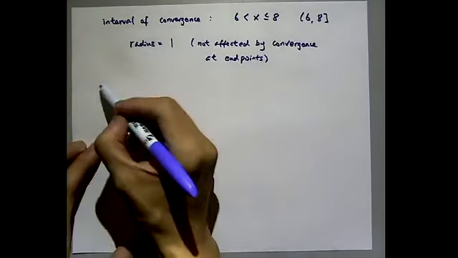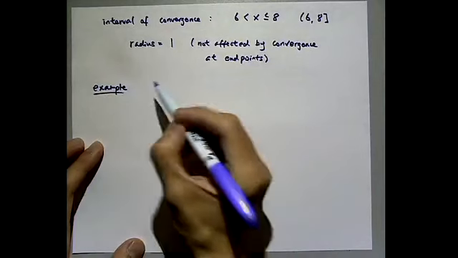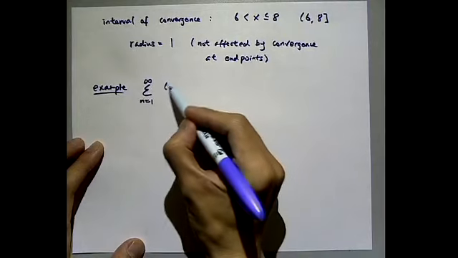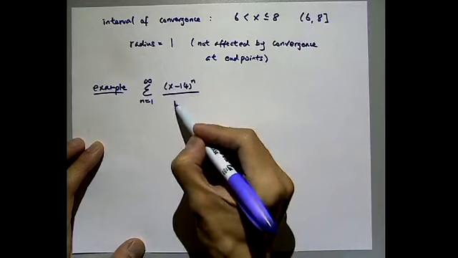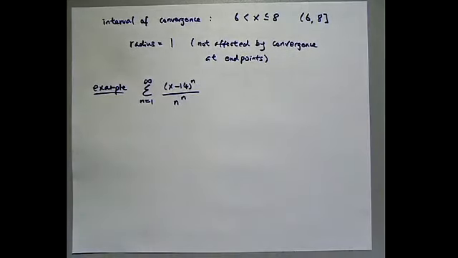Okay, let's do one more. All right, so we have x minus 14 to the n over n to the n.